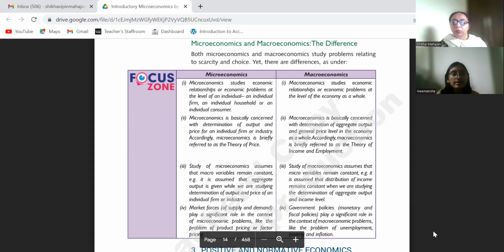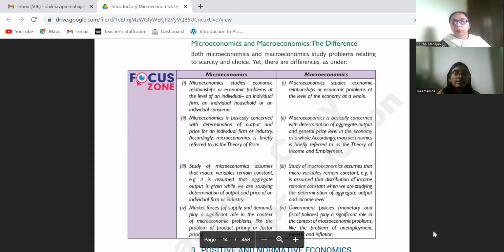Microeconomics is basically concerned with determination of output and price for an individual firm or industry, and it briefly refers to the theory of price, while macroeconomics is concerned with determination of aggregate output and general price level in the economy as a whole. So it is referred to as the theory of income and employment.